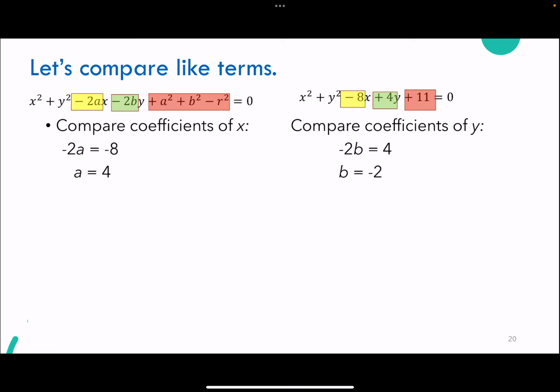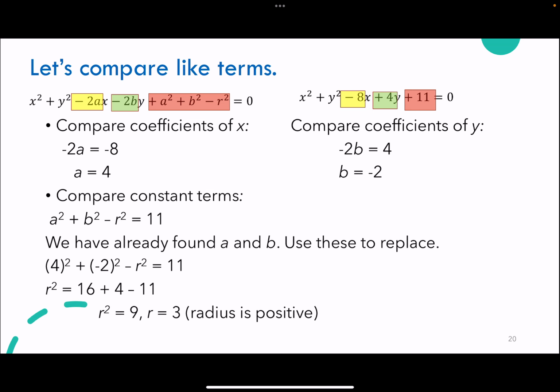Next, we are going to compare what we call the constant term. So we have a squared plus b squared minus r squared on the left hand side, and we're going to equate it to 11. We already have the a and b values from earlier on, so we're going to replace a with 4 and b with negative 2. Let's make r squared the subject and leave all the numbers together.